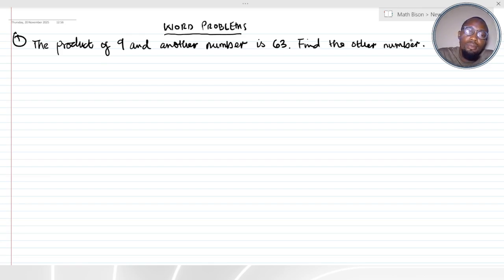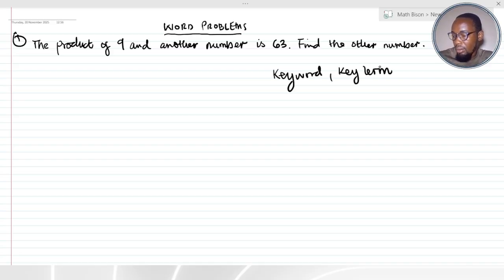Find the other number. The first thing you want to think about is keywords, or key terms, because they decide whether you get it right or not.